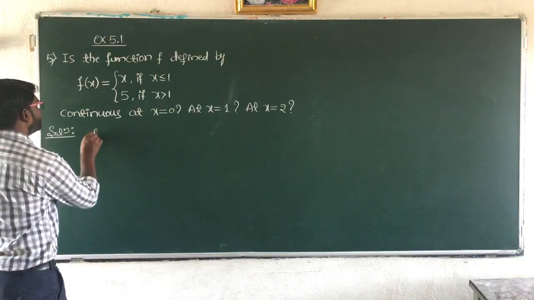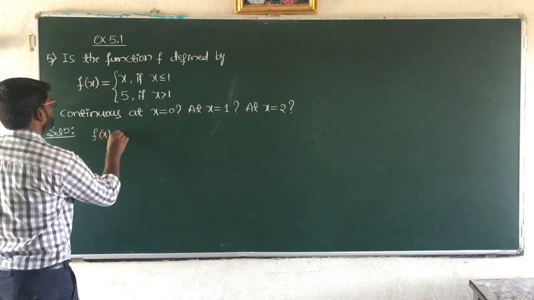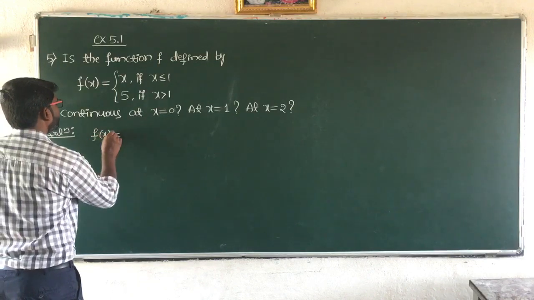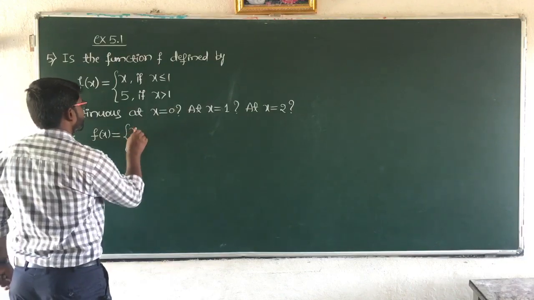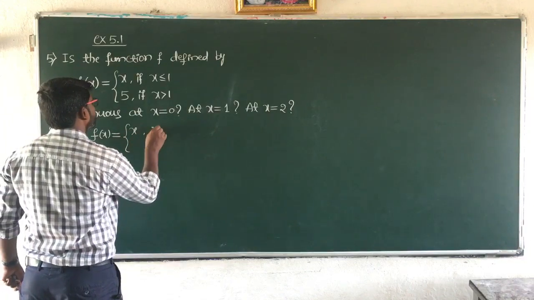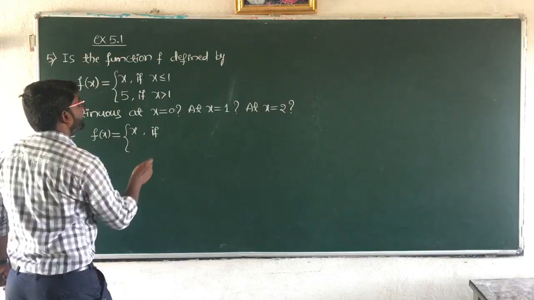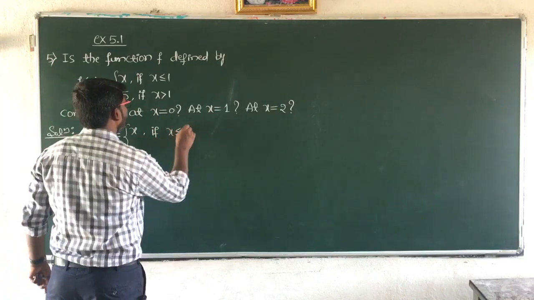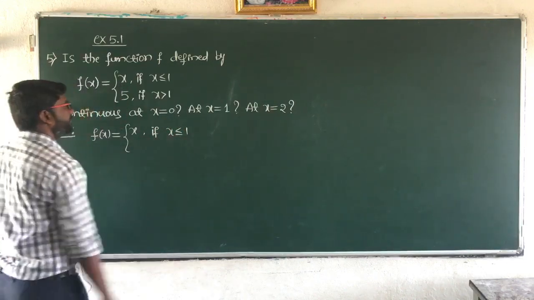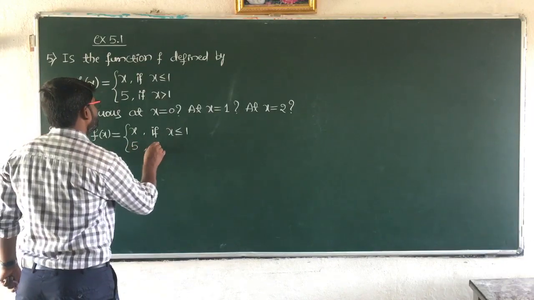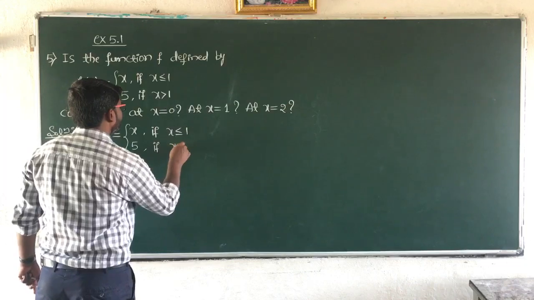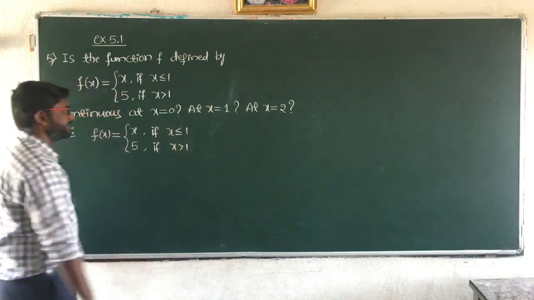So we will write the given function, f of x is equal to x if x is less than or equal to 1, and 5 if x is greater than 1.